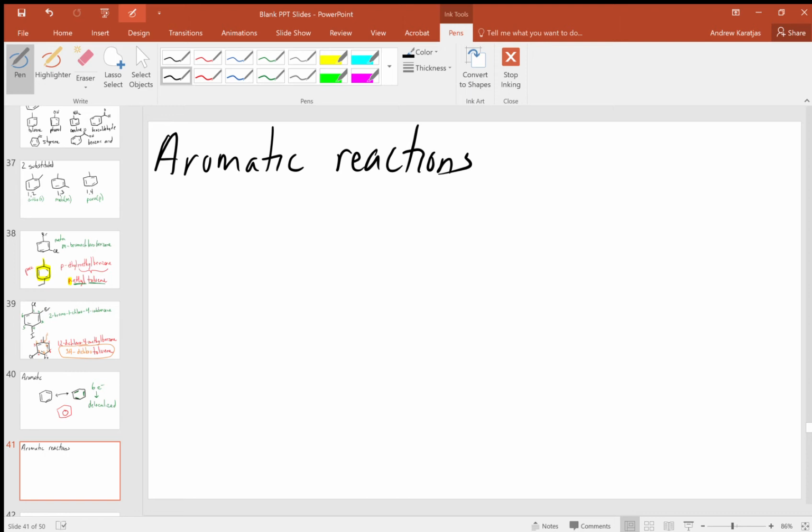But the main issue is that in order for an alkene to react, in almost every case, the alkene gives its electrons to something. And because an aromatic ring is so much more stable, it's not able to give its electrons up as easily.